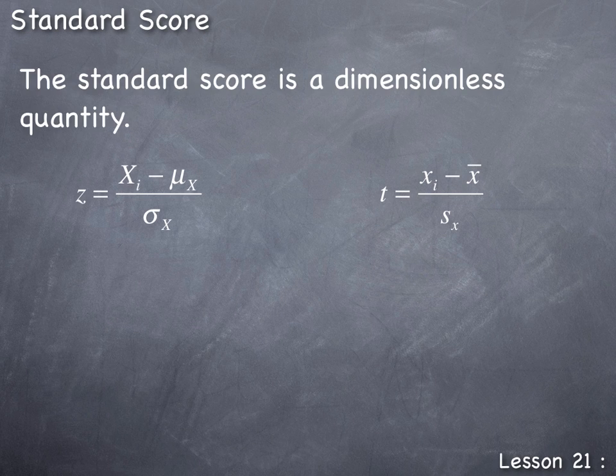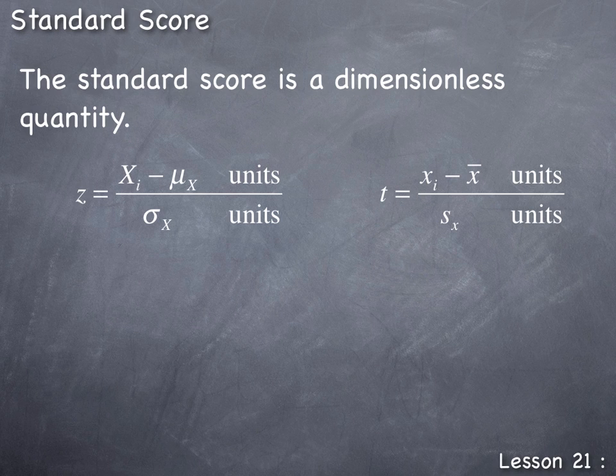The standard score is a dimensionless quantity. That's because both the numerator and the denominator contain the same units. So if we're measuring a length, let's say in inches, or weights in pounds, the data values, x's, are in that same units. And the means and standard deviations are also in that same units.